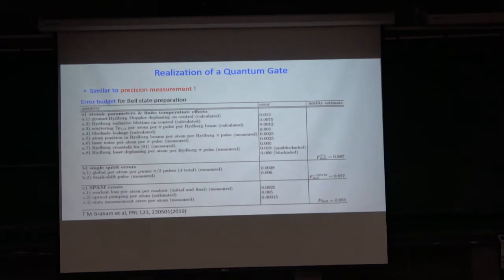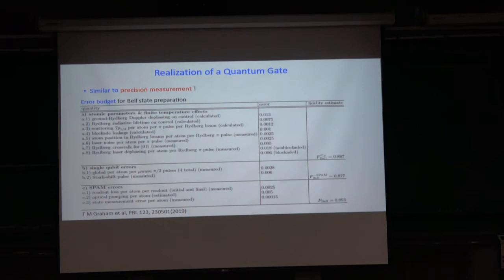And to be honest, any kind of quantum experiment is tough. It's not that you already say, oh, you have finite fidelity. It's just like a precision measurement, like an atomic clock. You need to worry about any kind of noise. For example, Doppler dephasing, lifetime, laser noise, and it's not just in the interaction.